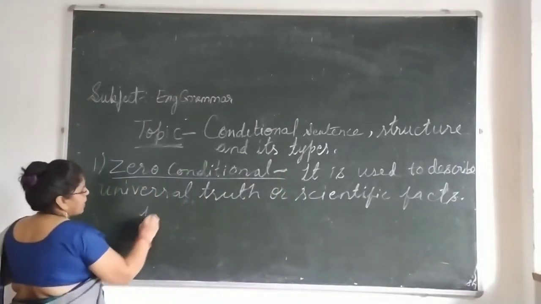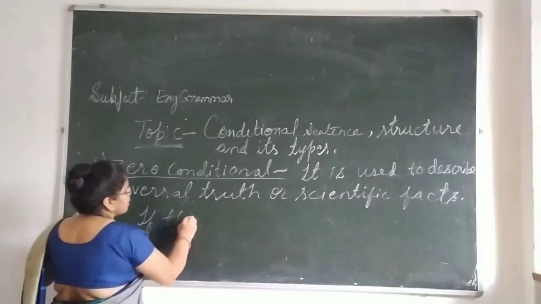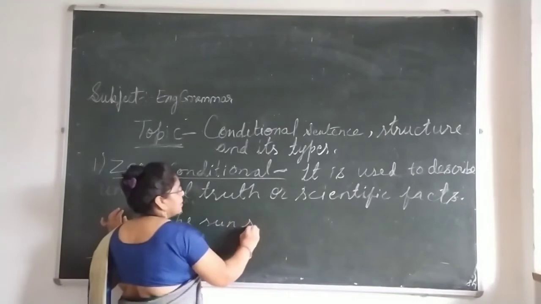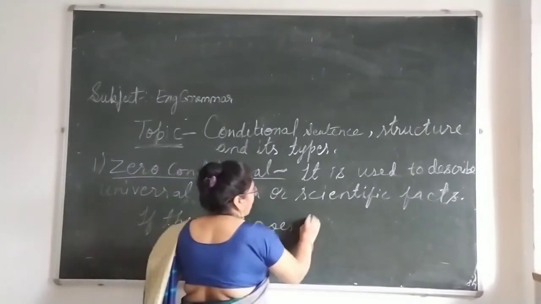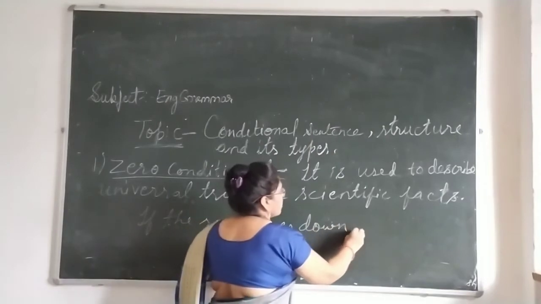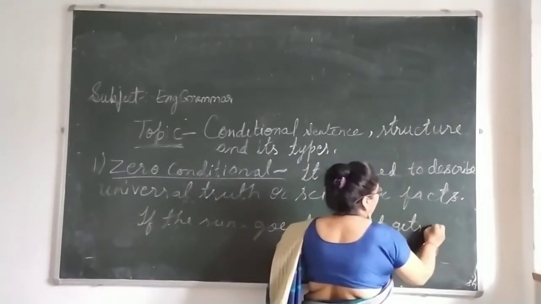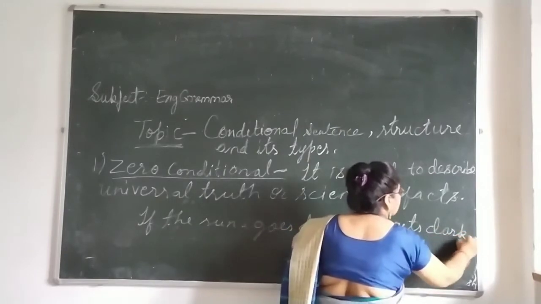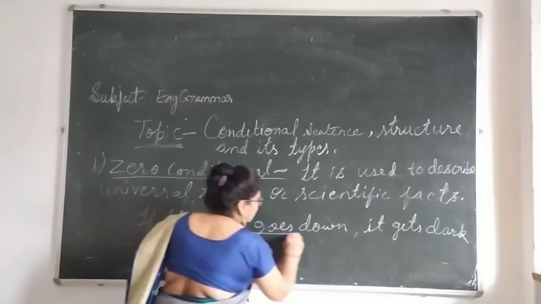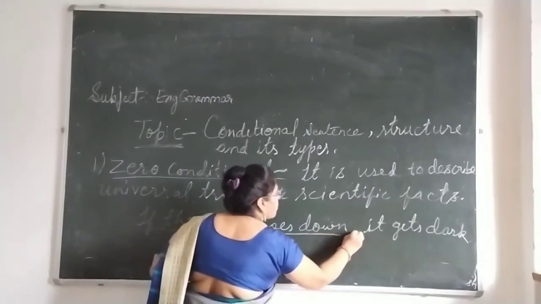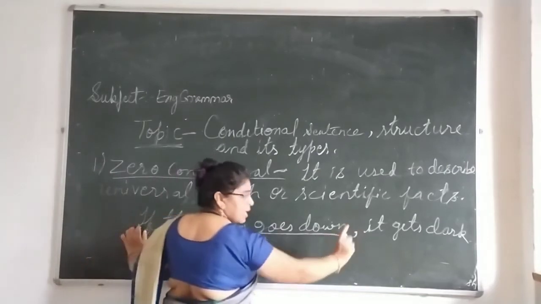Suppose that I take the example, if the sun goes down, it gets dark. Clear? Here, because this is the conditional sentence, that is why we have put the comma, because the conditional sentence is used in the beginning of the sentence.